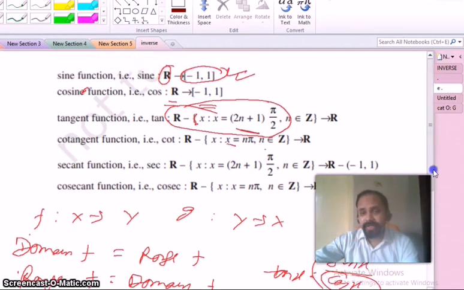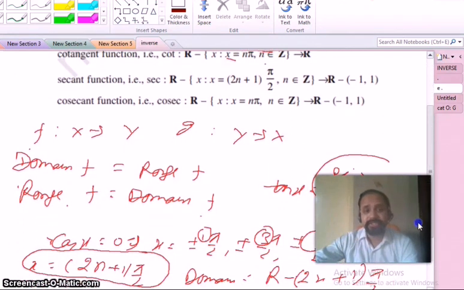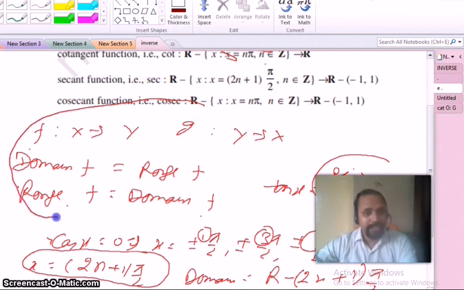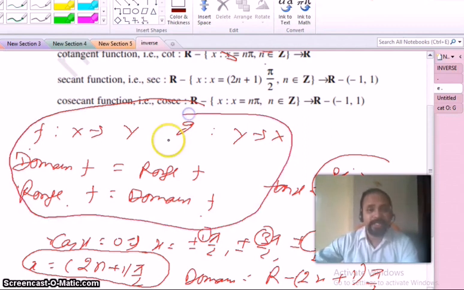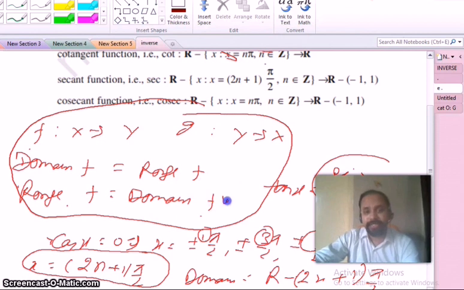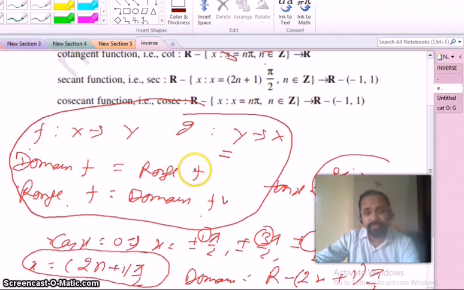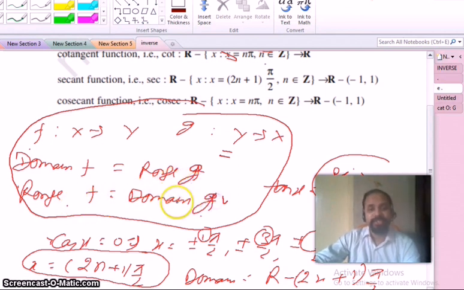The basic criterion of the inverse of a function, as I told you: if there is a function f such that x to y, then we must define a function g such that y to x, and the condition is that the domain of f must be the range of g, and the range of f must be the domain of g.